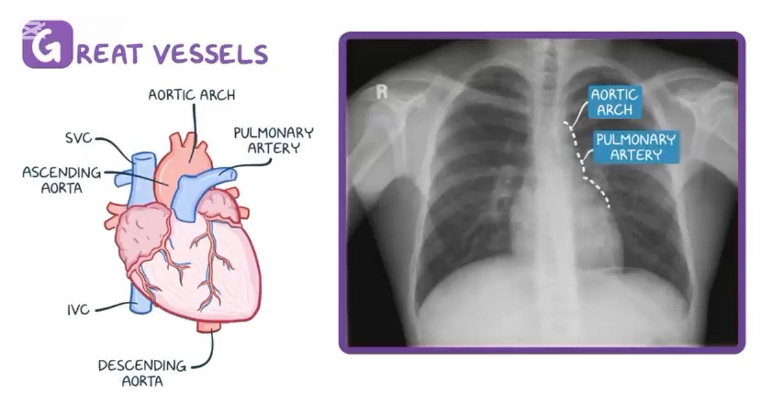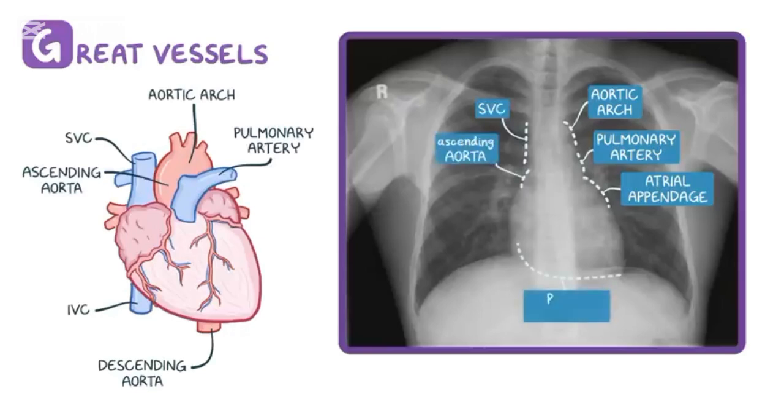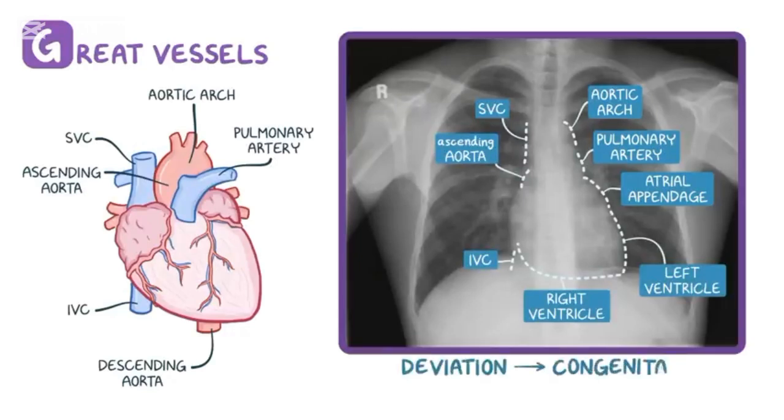Of note, since the heart is three-dimensional, the atrial appendage actually sits behind the central formation in a frontal X-ray. On the right side, the superior vena cava, ascending aorta, right ventricle, left ventricle, and inferior vena cava should all be visible. Deviation may be the result of congenital abnormality or disease.